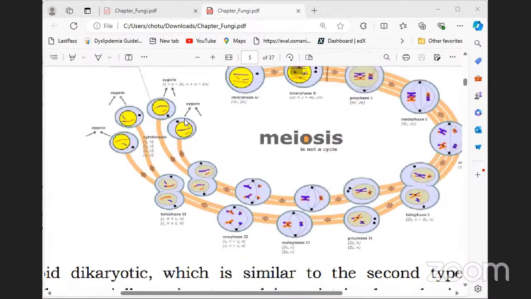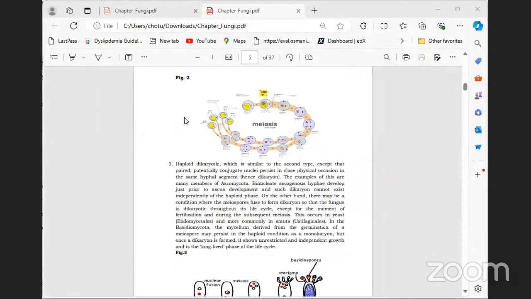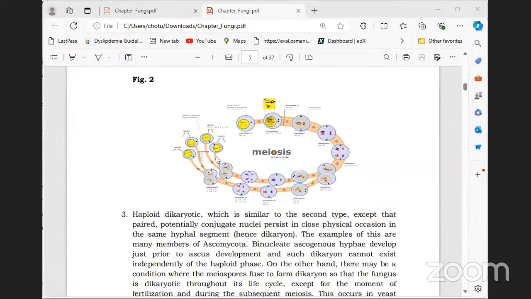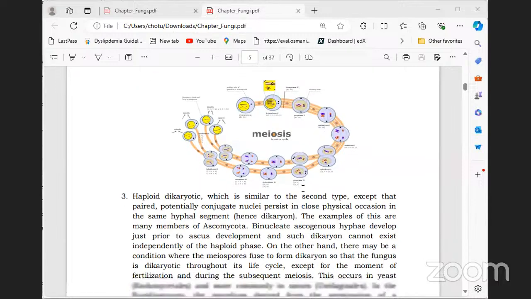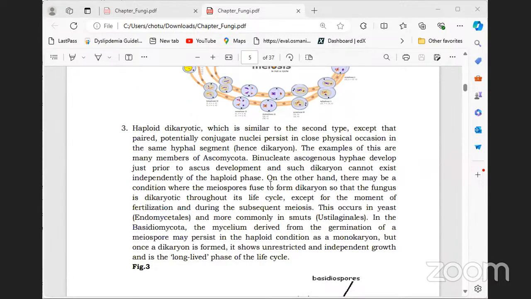That is called the gametophytic stage. Here, haploid dikaryotic, which is similar to the second type of life cycle. Except that paired potential conjugate nuclei persist in close physical association in the same hyphal ring.